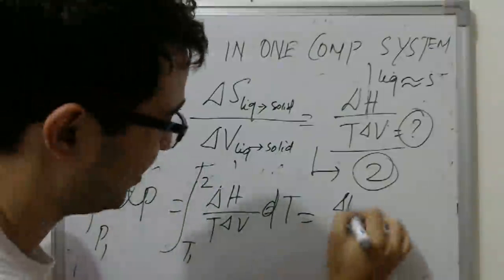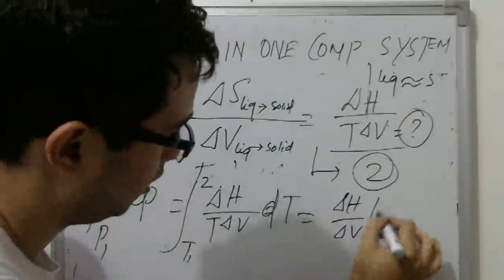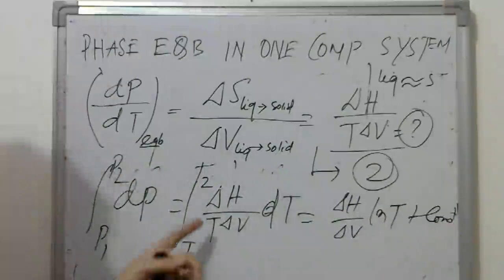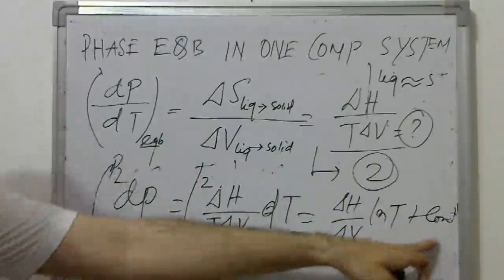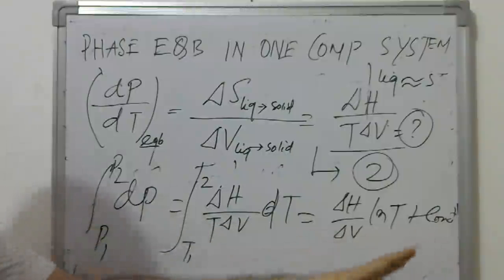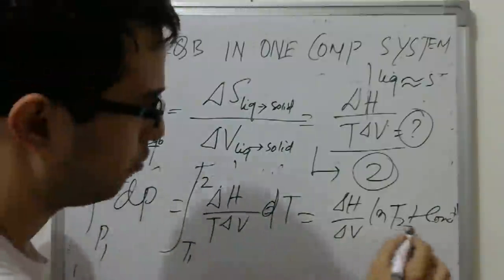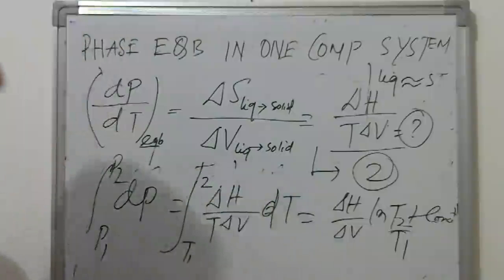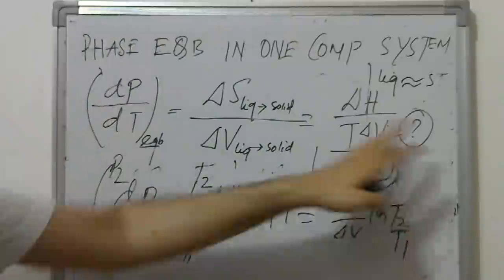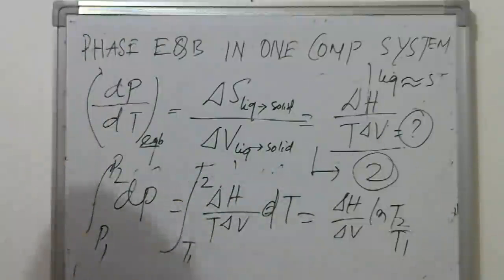You can write delta H by delta V ln T plus constant. I've kept this integration constant because it's not a definite integral. For a definite integral, you have ln T2 by T1. So these are all substitute equations from this main equation. Everything is coming from here.